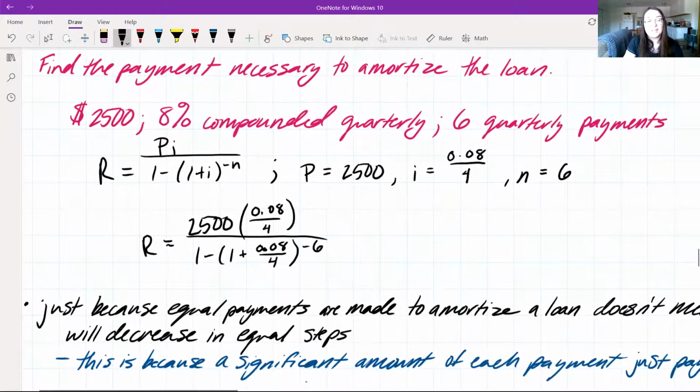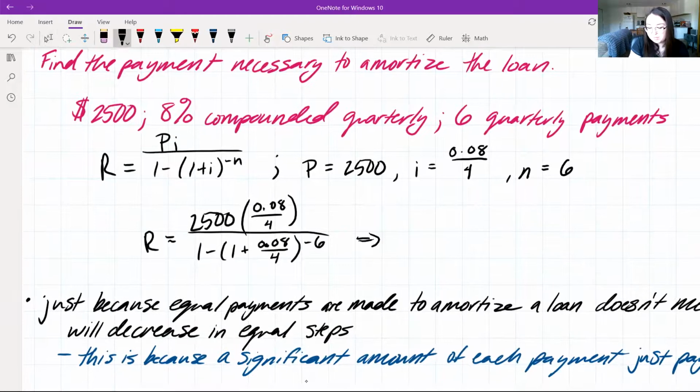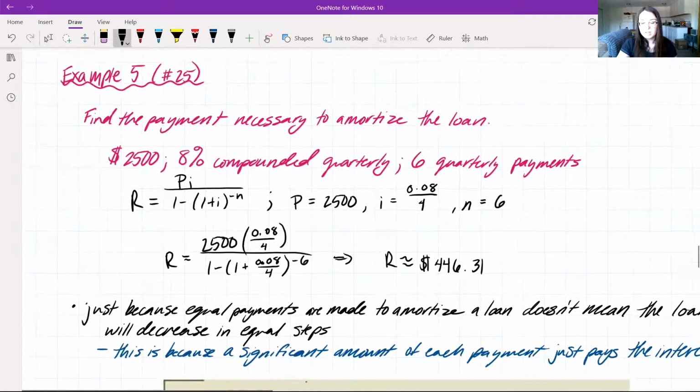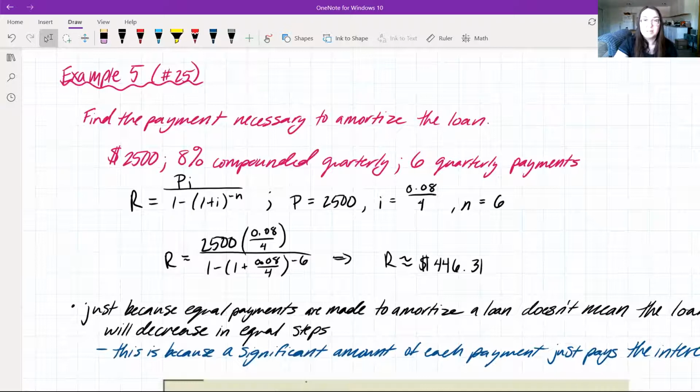And I invite you to calculate this value on your own. And if you do, you should end up getting that R is going to be equal to $446.31. So these are the payments that we'll need to make every quarter in order to amortize the loan.